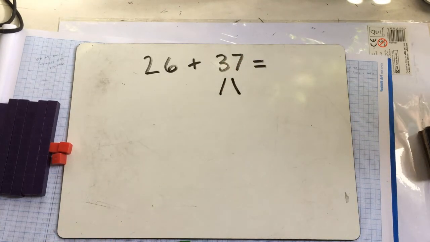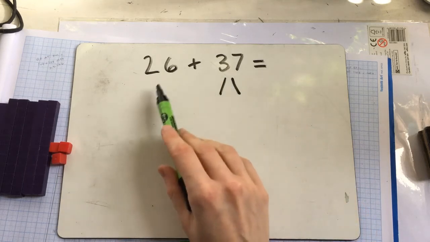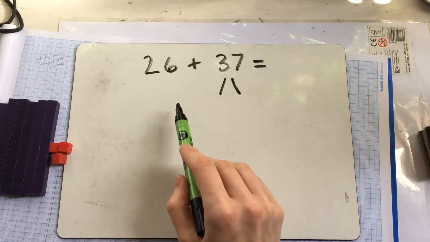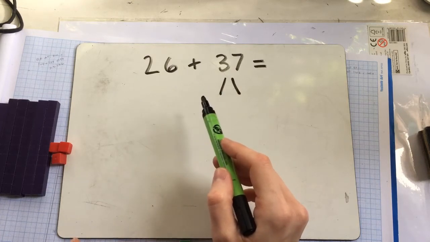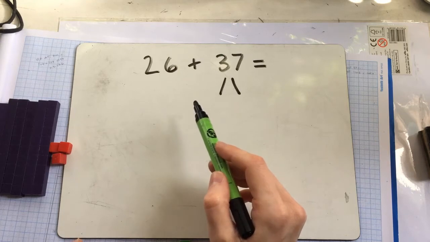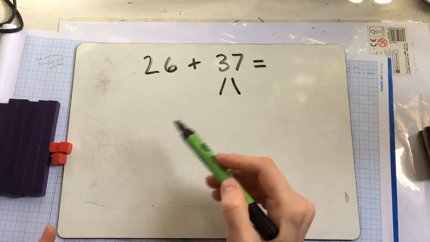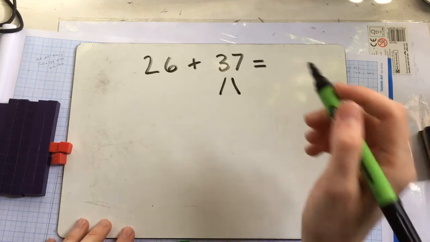And the reason for this is that it reduces the amount of steps that children need to take. And so therefore it reduces the chance of them making small errors along the way. So it's a bit more of an efficient method now. We're moving on to using a more efficient method.